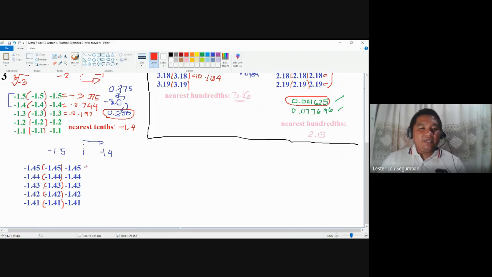So again, here comes the gruesome process, right? But we will pick only which could be closer. You don't need to answer all. So let us try. You have negative 1.45 times negative 1.45 times negative 1.45.